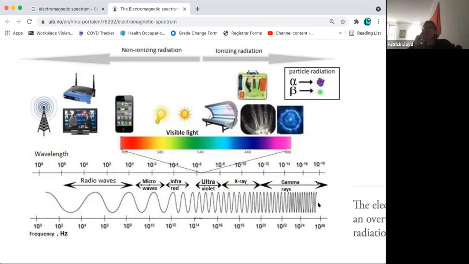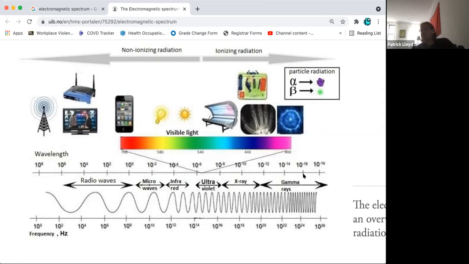The electromagnetic radiation that has the smallest or shortest wavelength are called gamma rays. And gamma rays are all the way over here on our spectrum. This whole thing's called a spectrum, right? So this is called a spectrum for visible light, but this is the spectrum for everything.